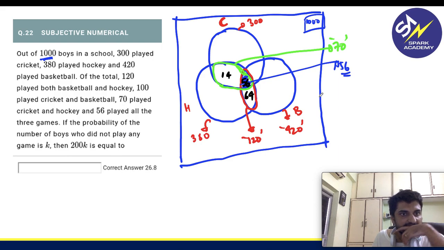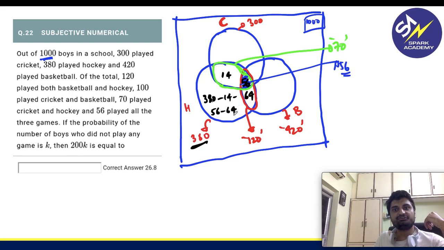Now look at this. This total is 380, total circle. In this, what are these now total? So if I want this portion, can I write it as 380 minus 14 minus 56 minus 64? Or basically 120, this is 134. 380 minus 134 is what I am getting, right?